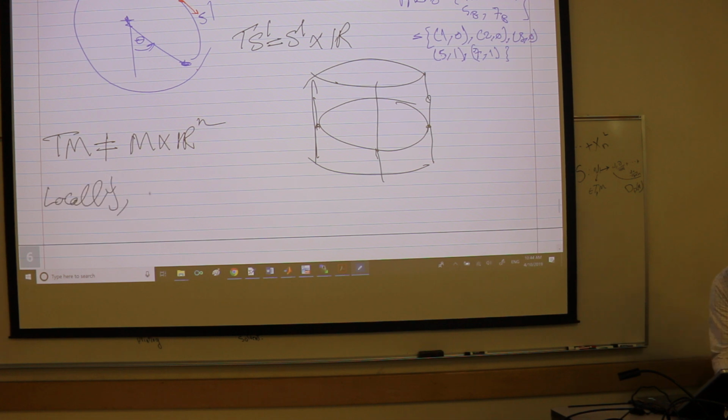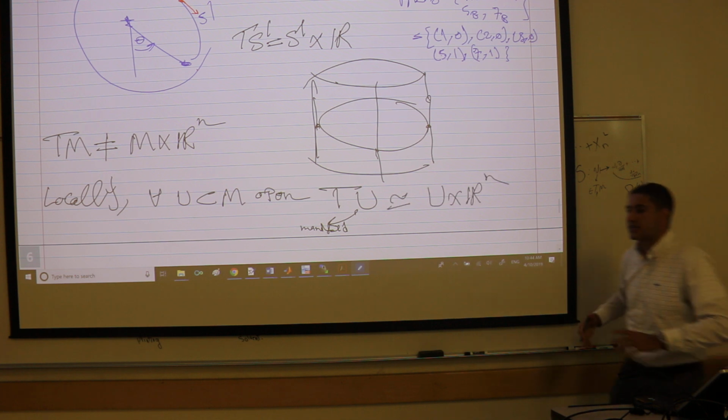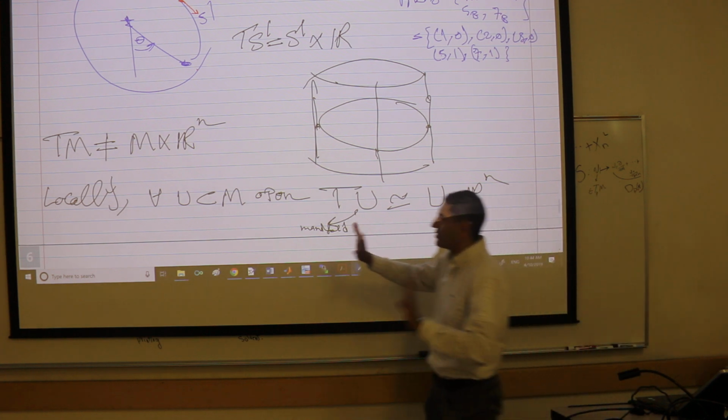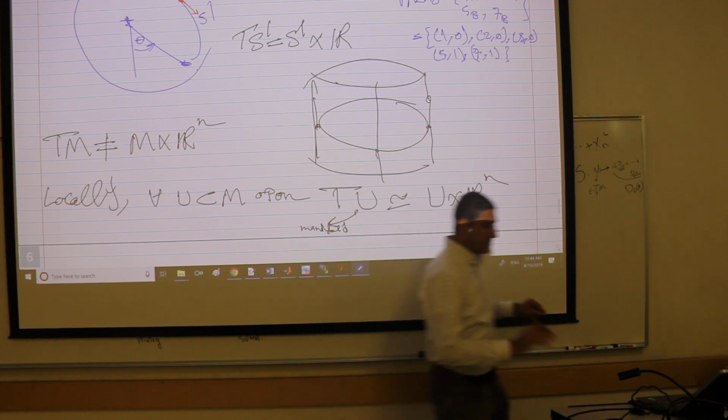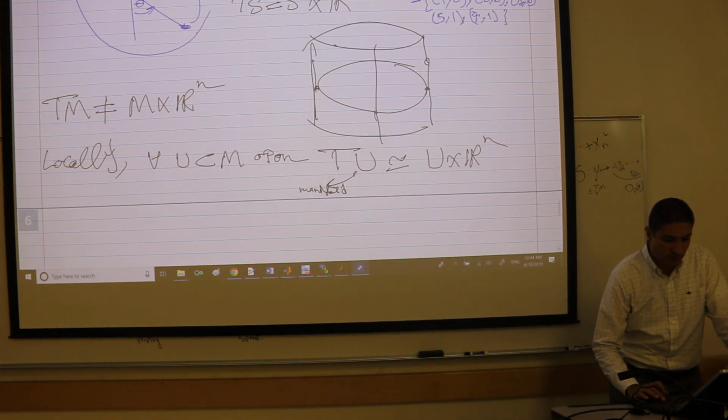So locally, for any U in M open, TU, remember U is actually a manifold. Why? Because any open subset of a manifold is a manifold itself. TU is isomorphic to U cross Rn. Okay? So locally it's like a product, but globally it's not a product. So I'm just giving you this statement. It's a subtle issue, so don't expect that it's always a product.